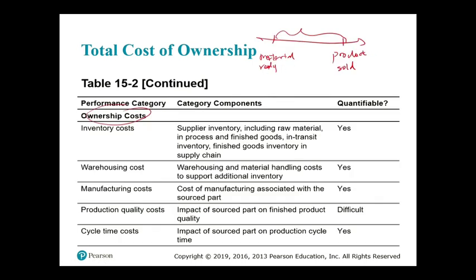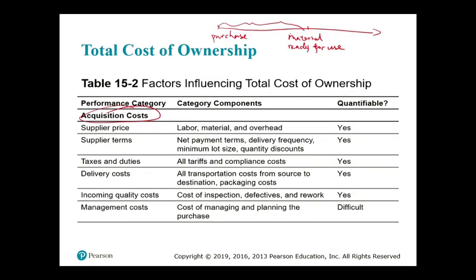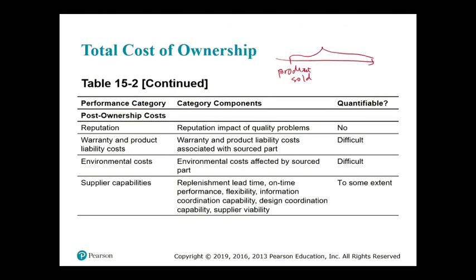So looking at this total cost of ownership, let's recall Zara's decision to source some of their high trend products to the European location instead of the Asian location, right? How does that affect various aspects of the total cost of ownership?